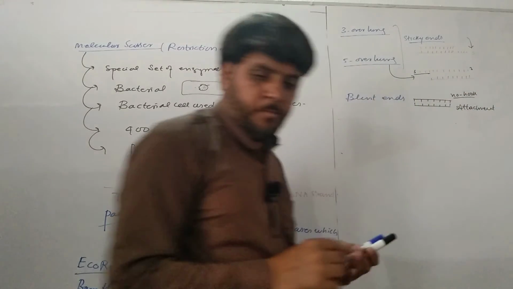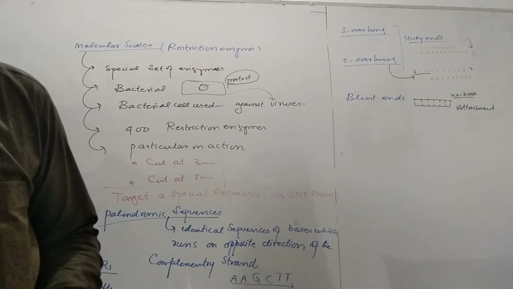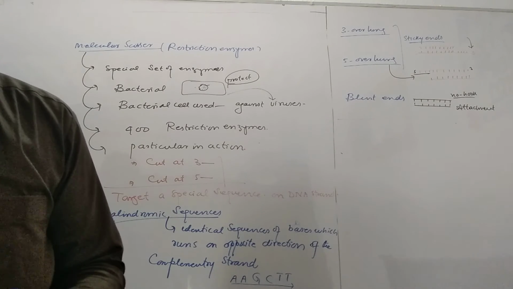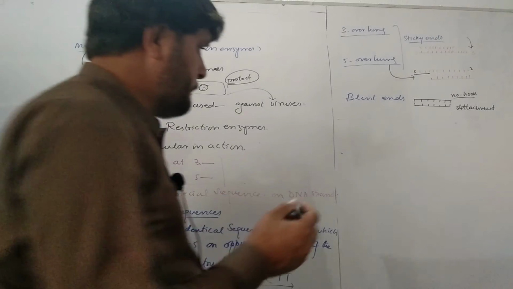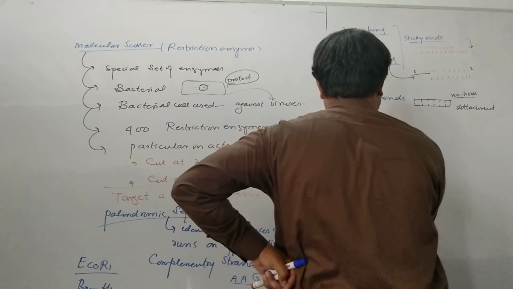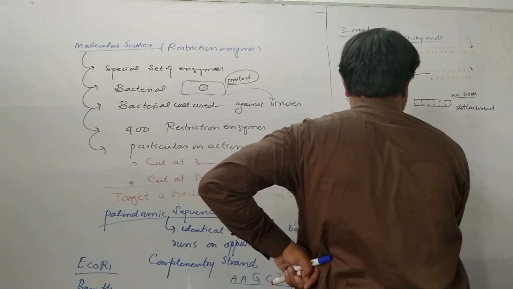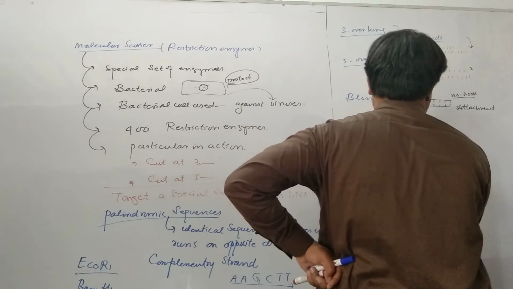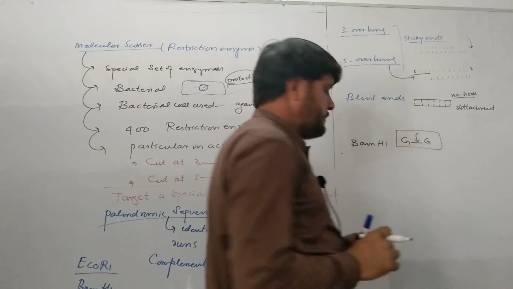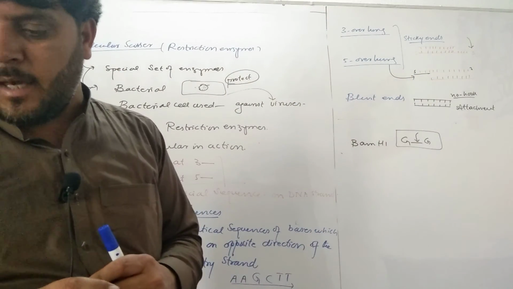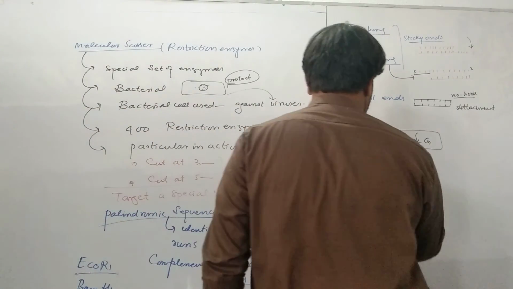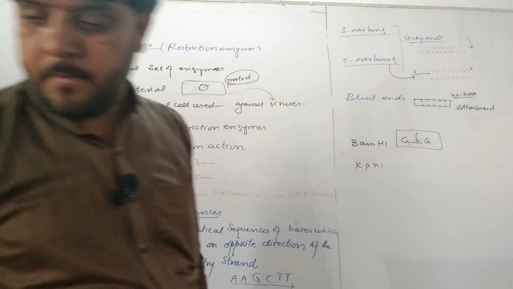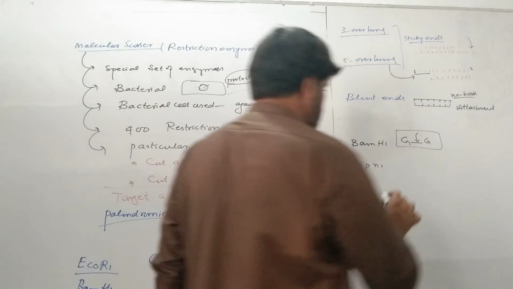For MCQs, you note that BamH1 always makes a cut between guanines, point to be noted. Similarly, KpnI makes a cut between CC.